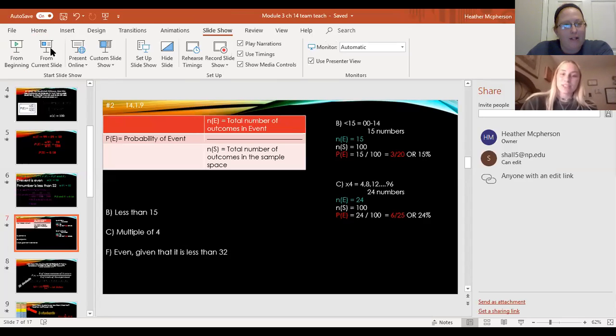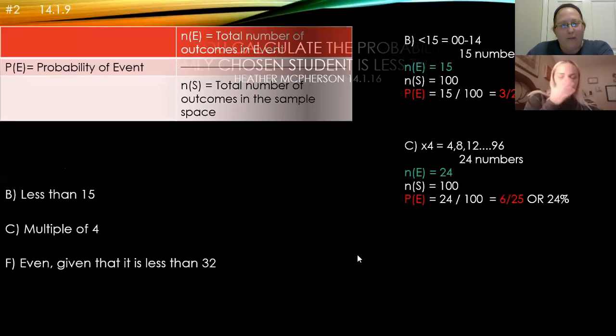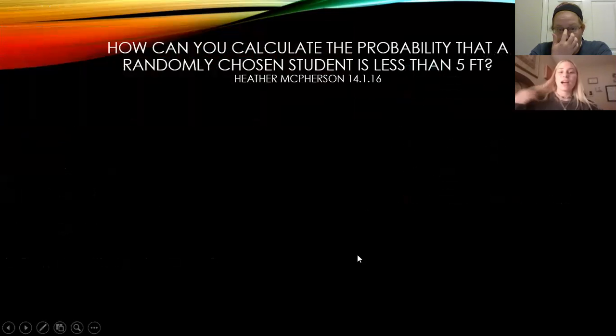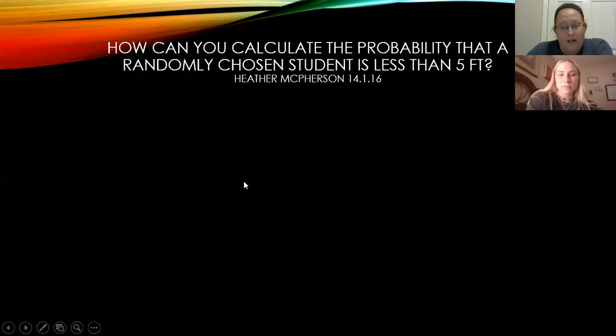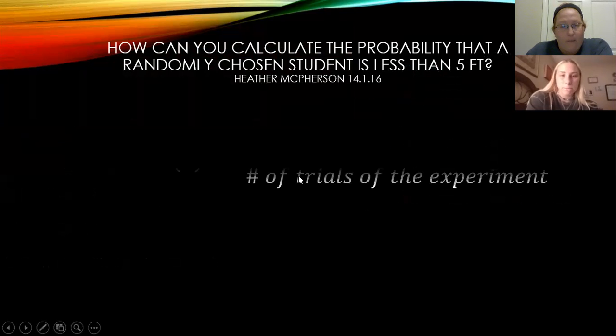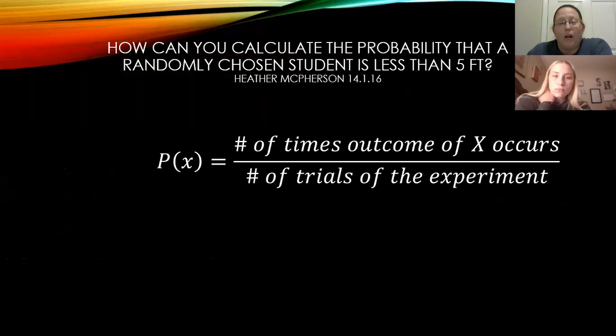So then we're going to go back here, back to the original presentation. Okay, so how can you calculate the probability that a randomly chosen student is less than 5 foot? We were given all these inches of the students. So you have an equation of P(x) equals the number of times the outcome of x occurs divided by the number of trials of the experiment.